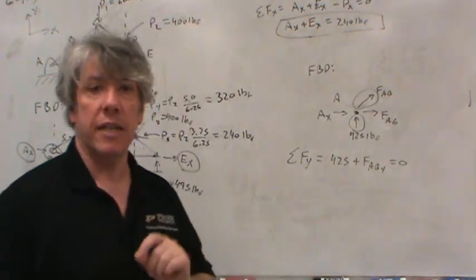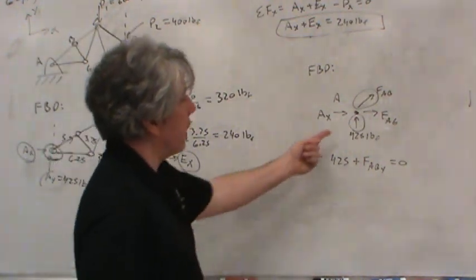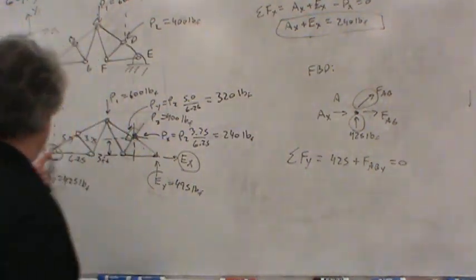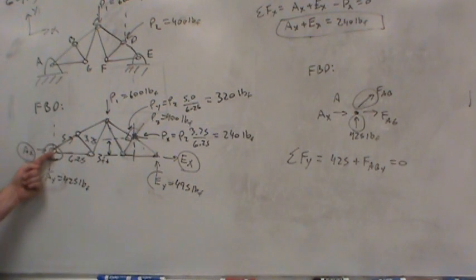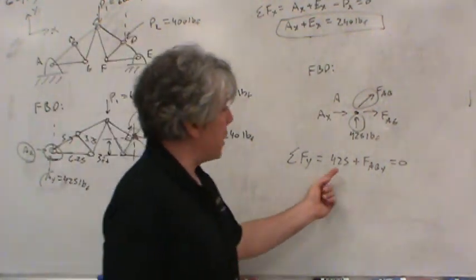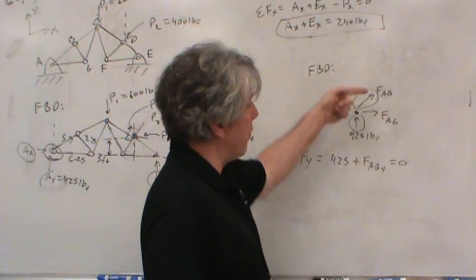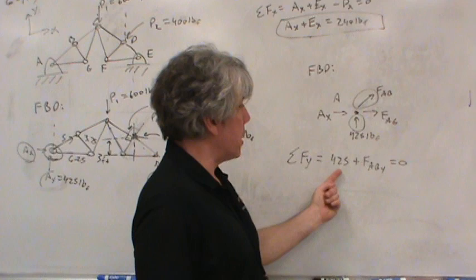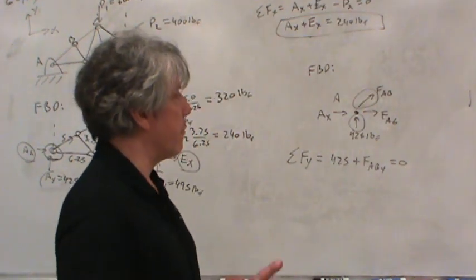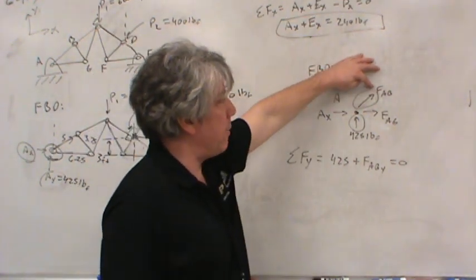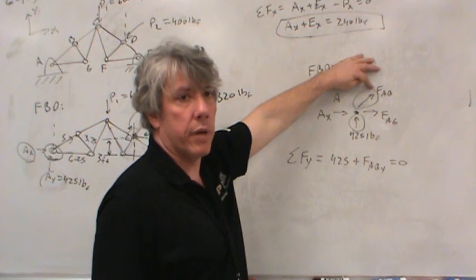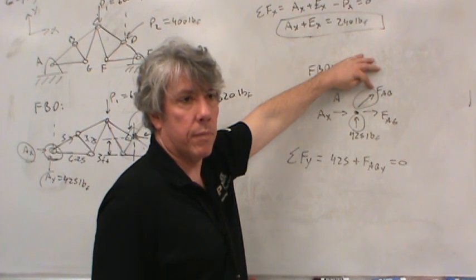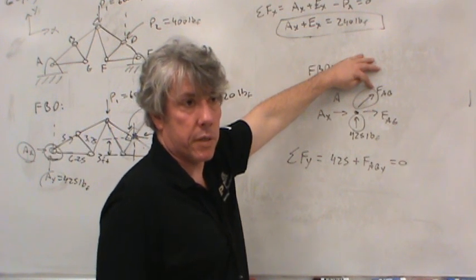As a matter of fact, at the end of class, what we had done is drawn point A, this joint at A, and realized that that joint could yield the magnitude of FAB, because FABY must be 425 pounds. Do I have FAB drawn in the correct direction or is it the wrong direction? It's the wrong direction, isn't it?